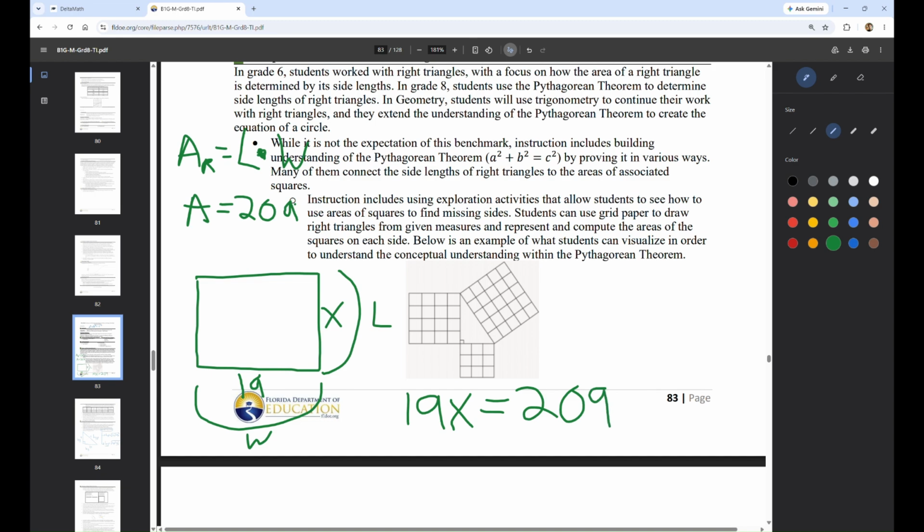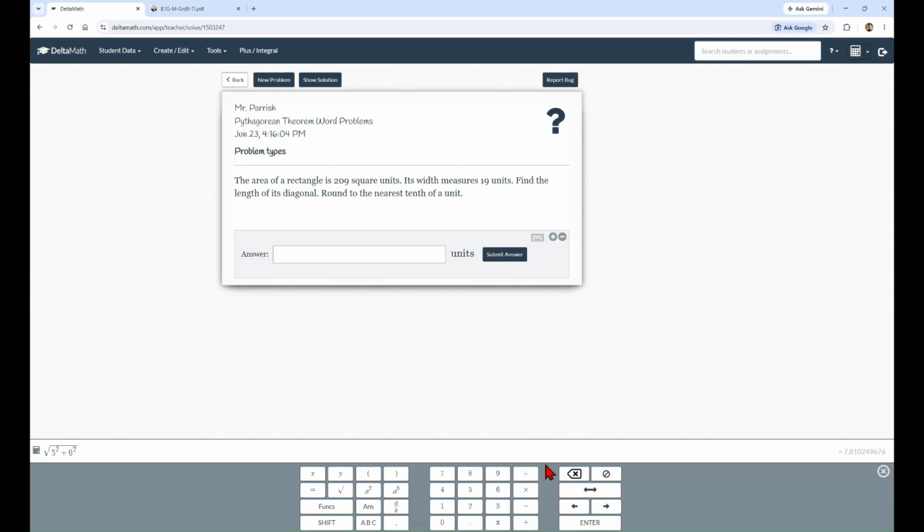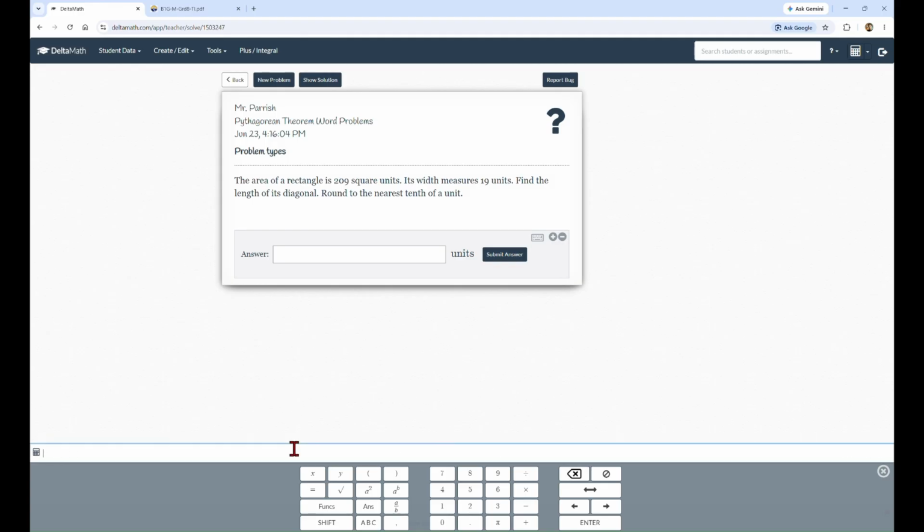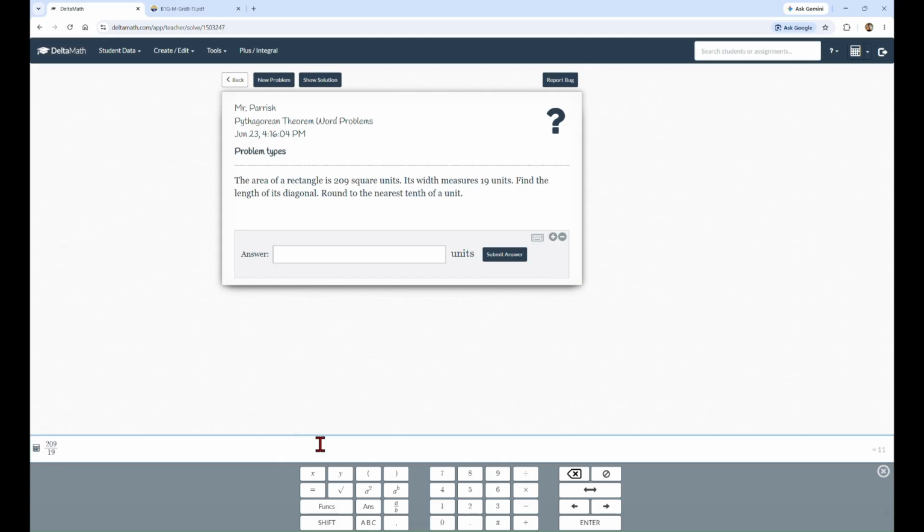So then all we need to do is divide both sides by 19. And we can put that in the calculator here. 209 divided by 19, and that gives us 11.